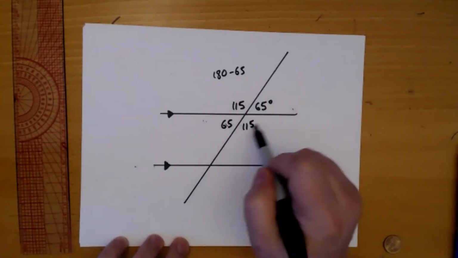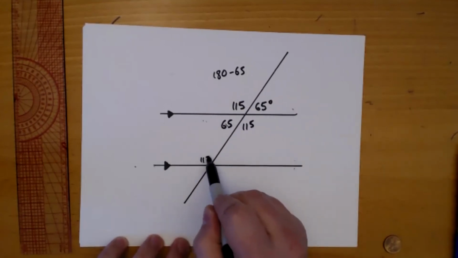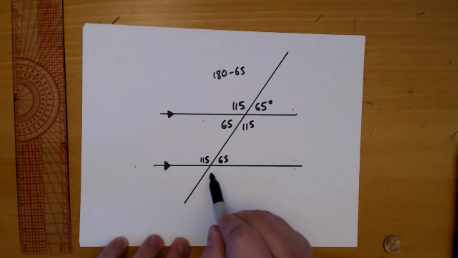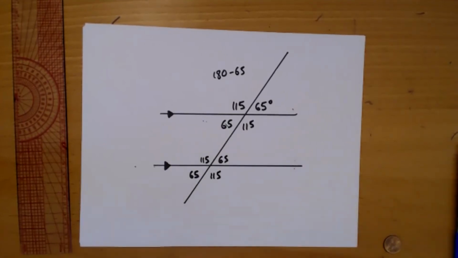Now you take all four of these and copy them down in here. No matter what the question asks you, no matter what angles they pick, you can tell them.